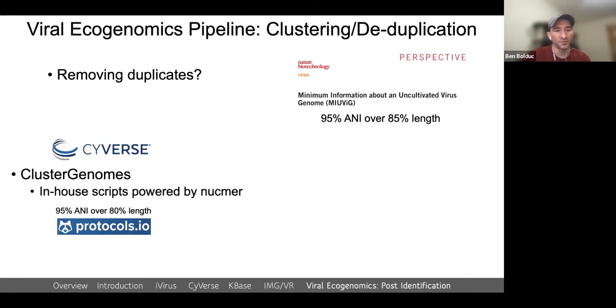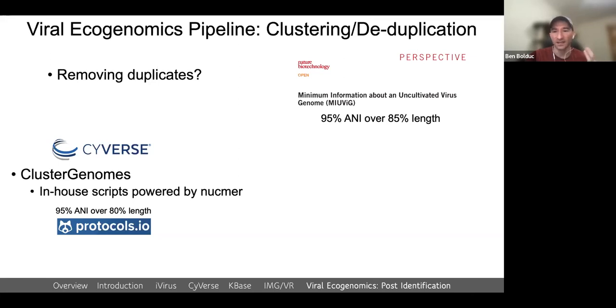For cluster genomes, we recommend 95 over 80% length. In practice, you're not really going to gain or lose too many with that difference of 5% over the length. If you actually look at the coverage difference in that 5%, it's often negligible, and it's something that you don't really have to worry too much about.